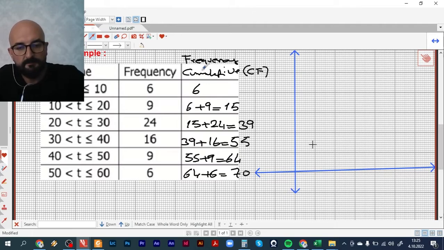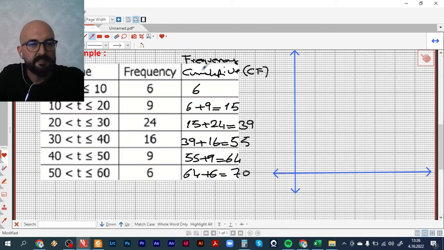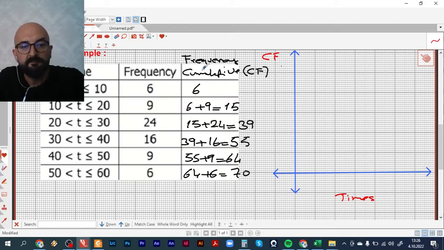Our values: the x-axis is labeled time, and the y-axis is CF, cumulative frequency, and we have 0, 10, 20, 30, 40, 50, and 60.